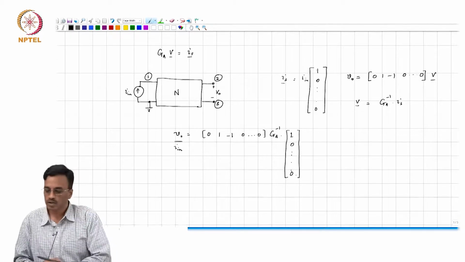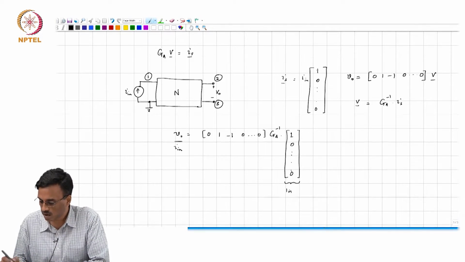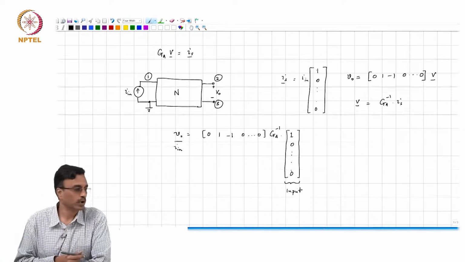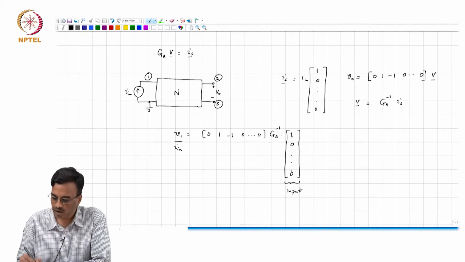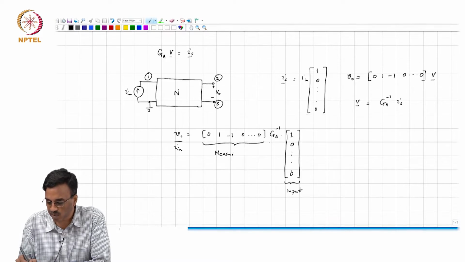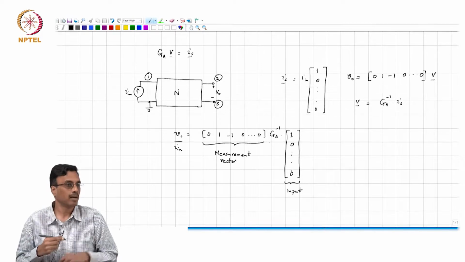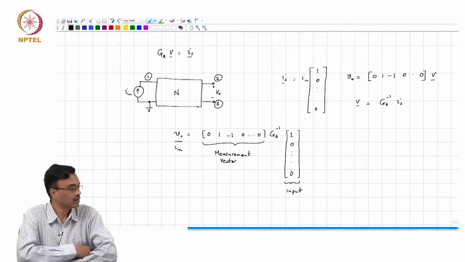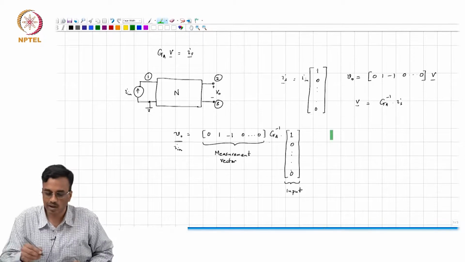All right. So, this corresponds to the input vector. This is the circuit matrix, of course, and this is what I will loosely call the measurement vector, or the measurement matrix, if you like. Okay. So, you can think of this as a mathematical operation.